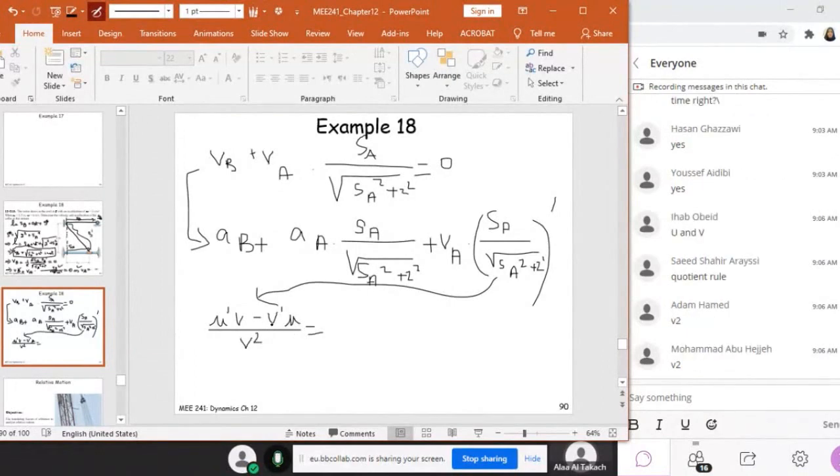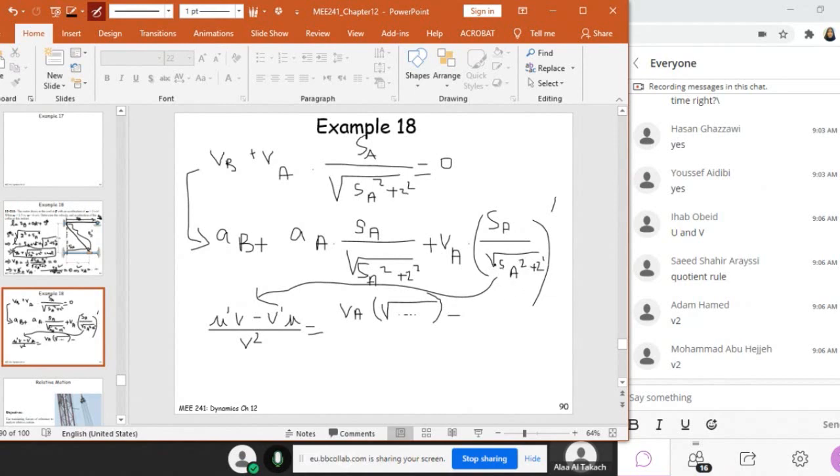So I can do it now. What is U prime? It's VA, right? Times the radical of, okay, so I'm gonna put 3 points, all right? You know, this is the radical of SA squared plus 2 squared minus V prime, as I did before.